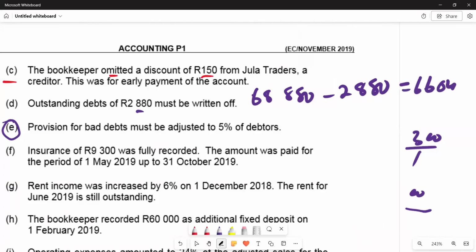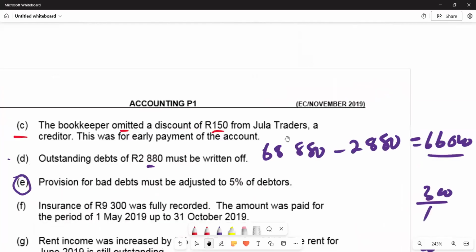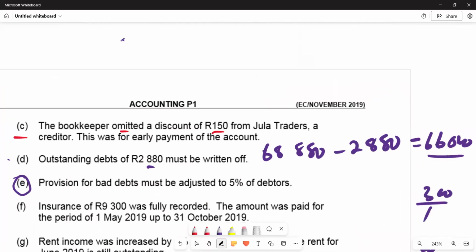So these are the debtors after we've removed the bad debts that were further written off. So we now say 5% of this figure. Then we say 5%, which is 5/100, and then we multiply by 66,000. Let's see what we get. We get 3,300.